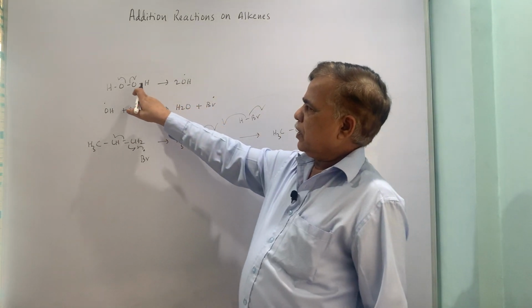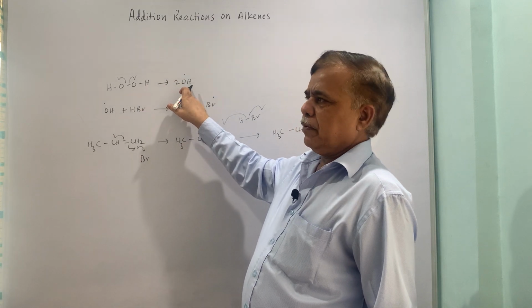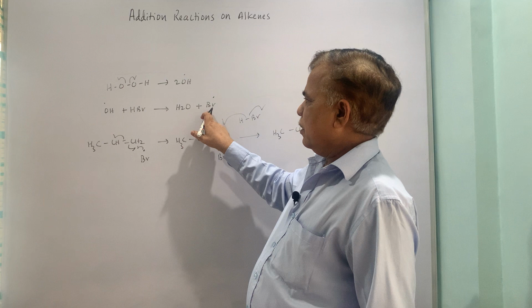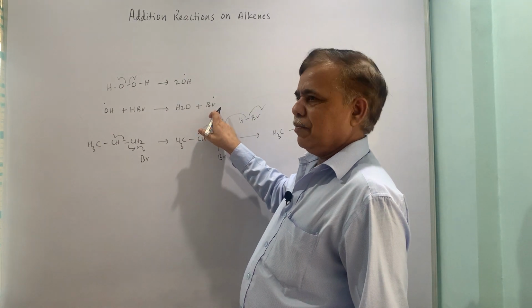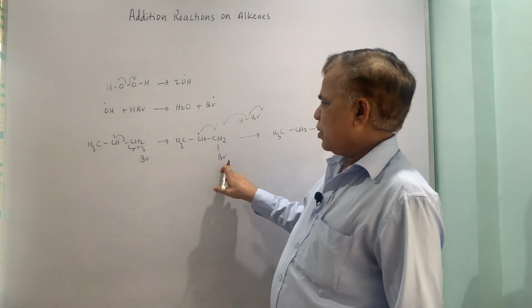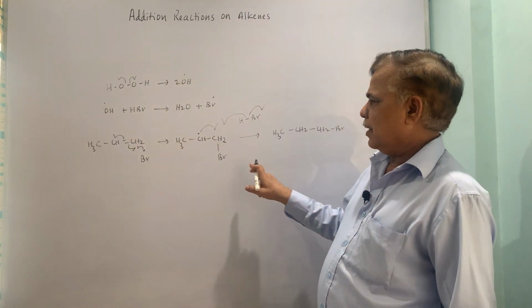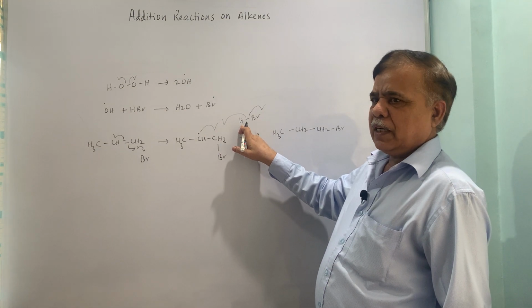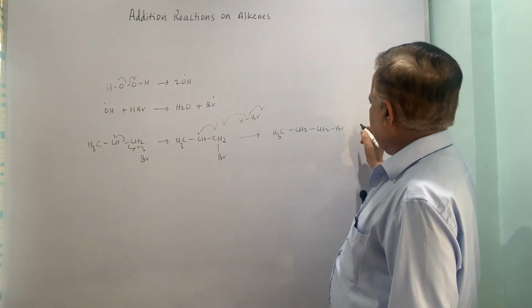Now this first step is formation of hydroxyl radical. Second step, when that OH dot interacts with HBr, forms water and Br radical is set free. This Br radical interacts and forms this secondary radical. This in turn takes up hydrogen radical from HBr.